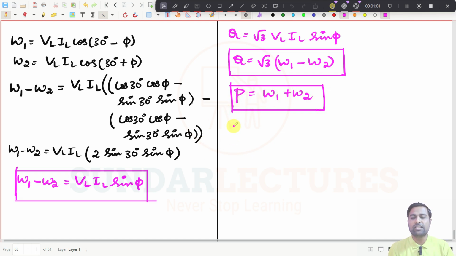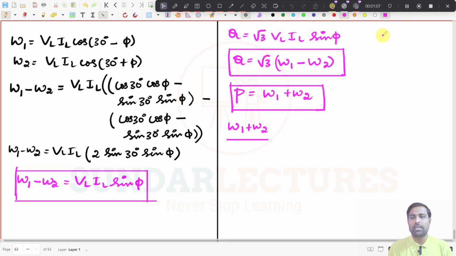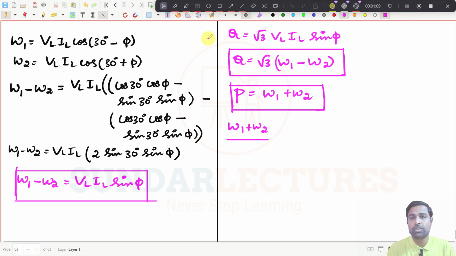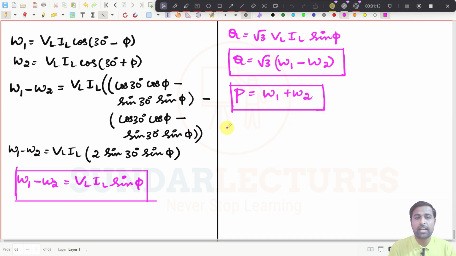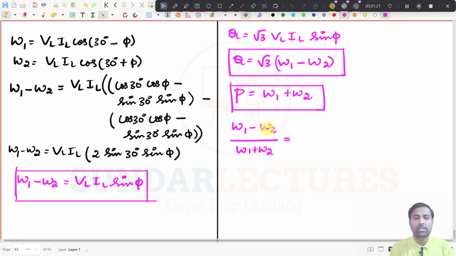And if I divide W1 minus W2 by W1 plus W2, maybe I will do it in another way. See, what is W1 minus W2?